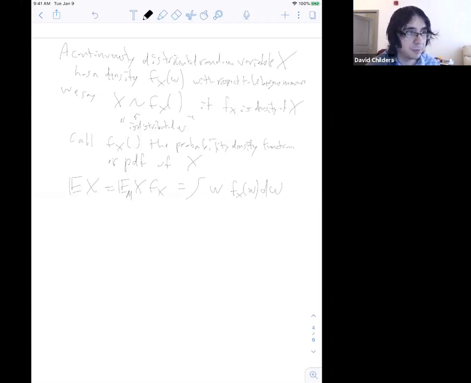Now, the multivariate Lebesgue measure, which is an extension of this on R^n, is defined similarly.